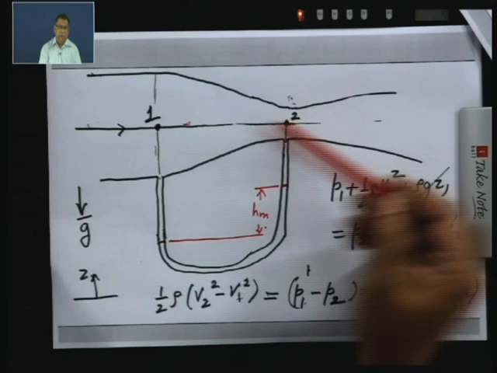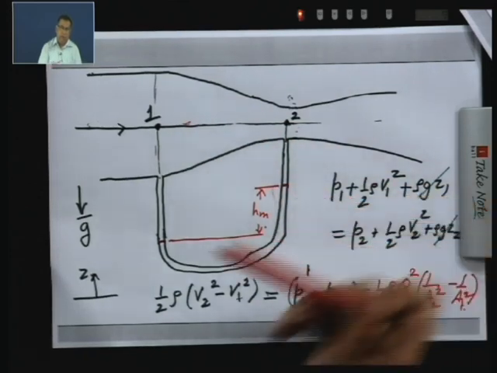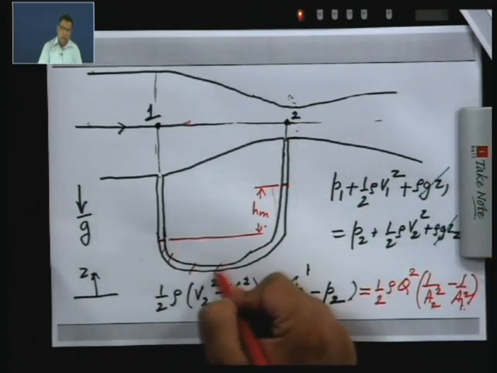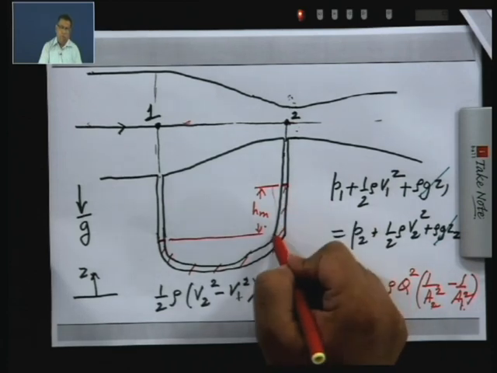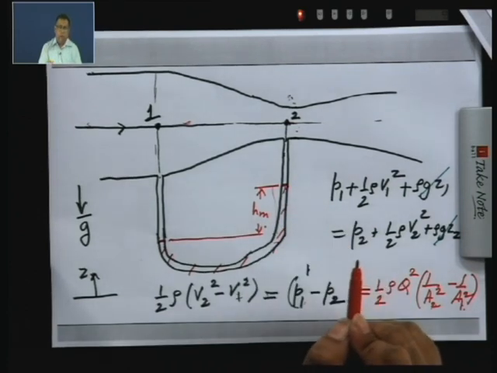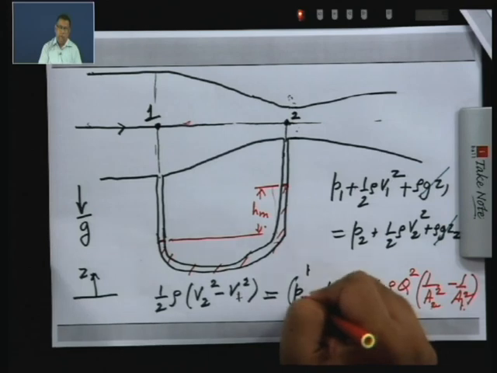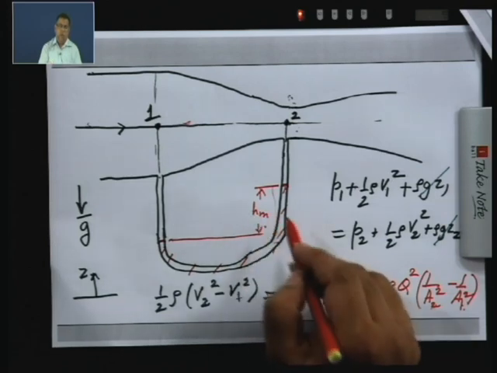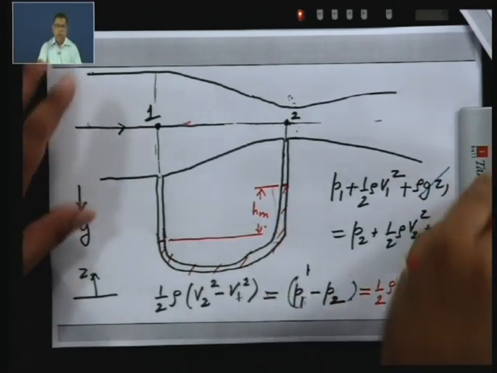So, the pressure at 2 is less than the pressure at 1, and so this liquid level goes up. Now, I can show that this P 1 minus P 2 again is rho m minus rho into g H m. So, that will show again.